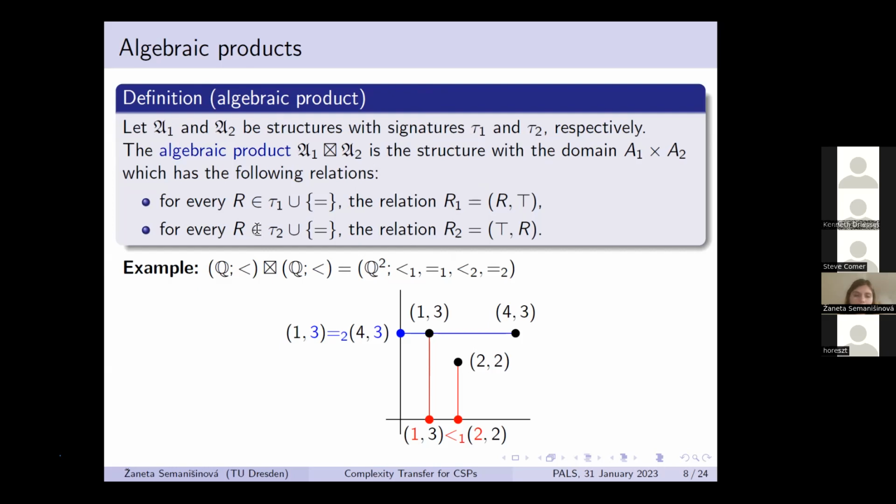And yeah, here is just a simple example. It's clear that the algebraic product of Q with order with itself is really the structure that I was already talking about. And really, the coordinate-wise equality and coordinate-wise order is also what you would expect.